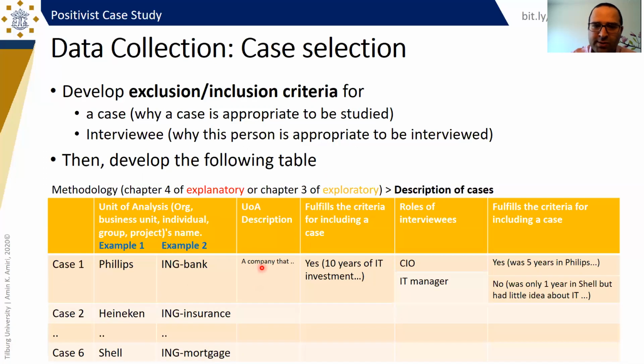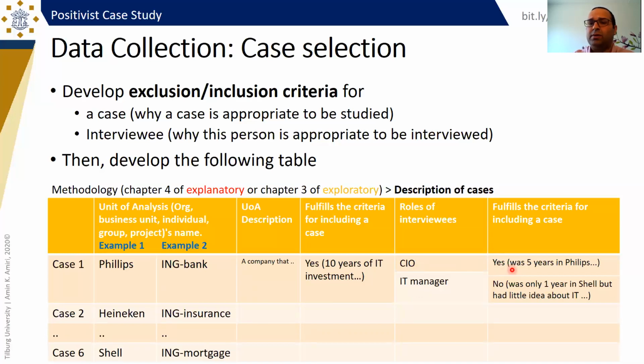You will provide a description of that case, and then you would explain if that case fulfilled the criteria for being included. You would say, yeah, in this case, I'm working on IT investment, and they have 10 years of high IT investments. Because of that, ING Bank is the proper case to be studied. Okay, who are you going to study in this case? The CIO and IT manager, 2 people.